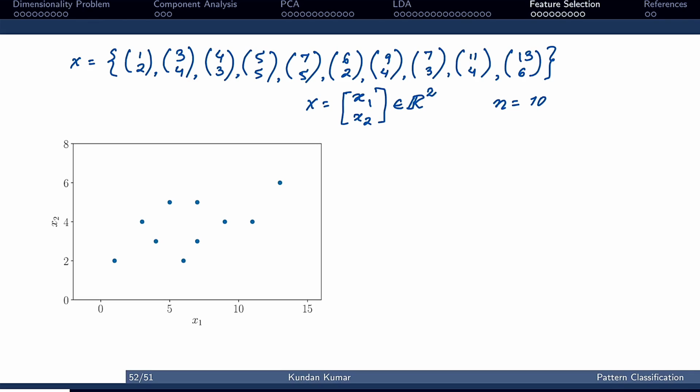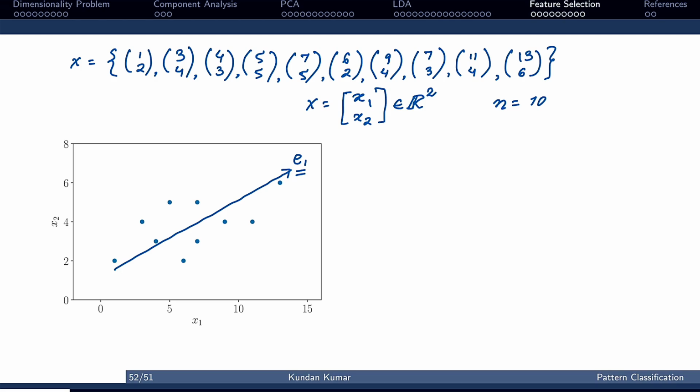We can observe from this scatter plot that the direction of maximum variance is in this direction, and this is basically the first eigenvector corresponding to the largest eigenvalue. That is what we need to find, and we will find this eigenvector using principal component analysis. As we discussed, e1 is the eigenvector corresponding to the largest eigenvalue of the scatter matrix.